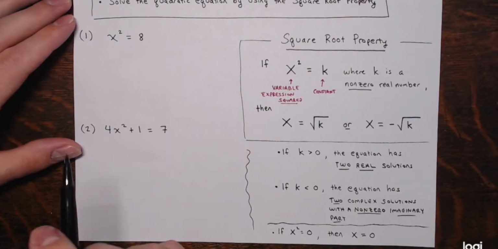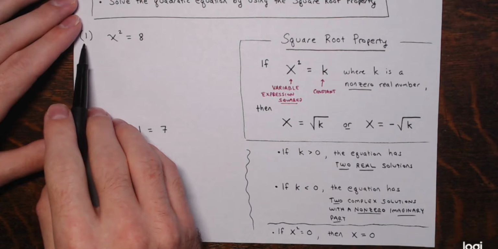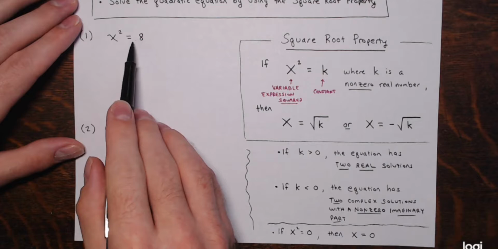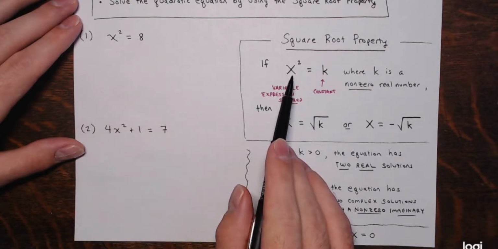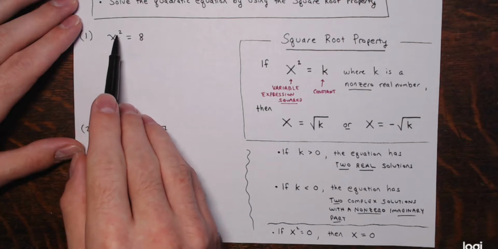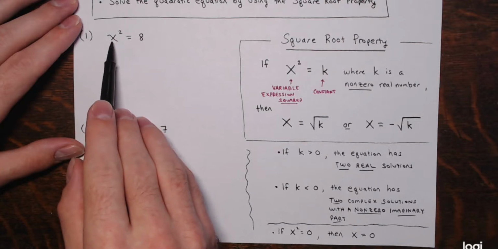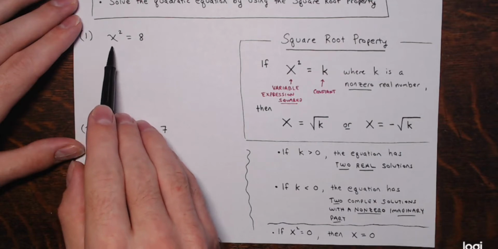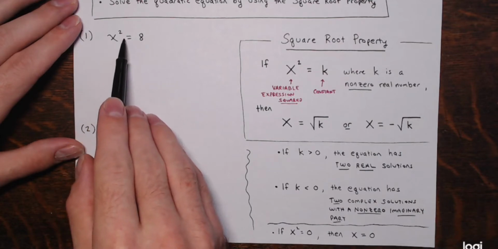Alright, so my example first, right? Example 1. See, this equation is already in the form that I want. I have this variable expression x squared on one side, and it's isolated. There's, again, not times anything, not divided by anything, no adding anything, no subtracting anything.